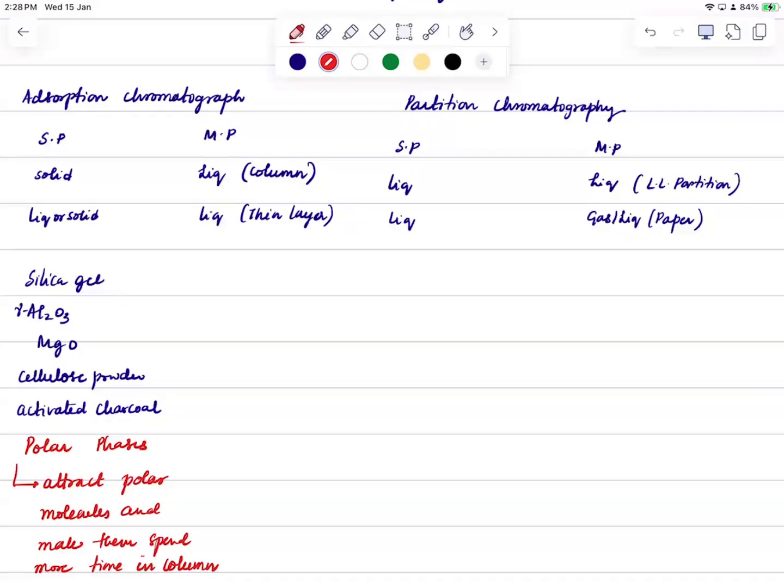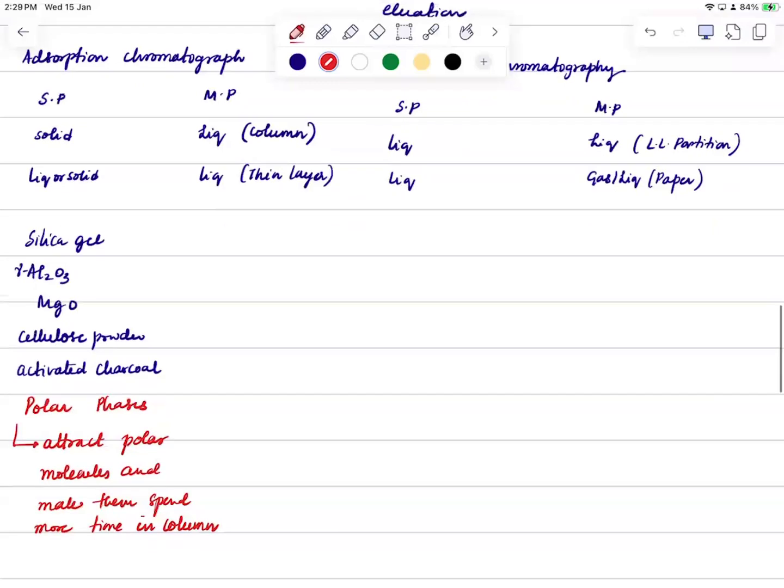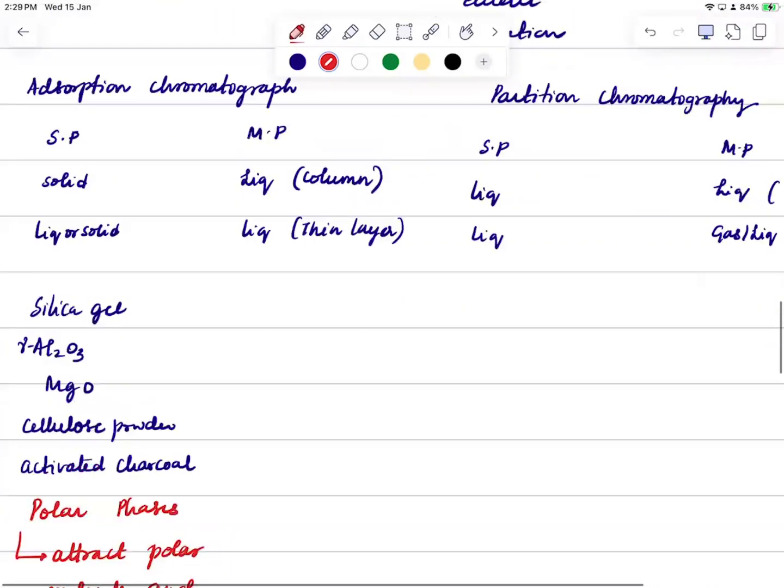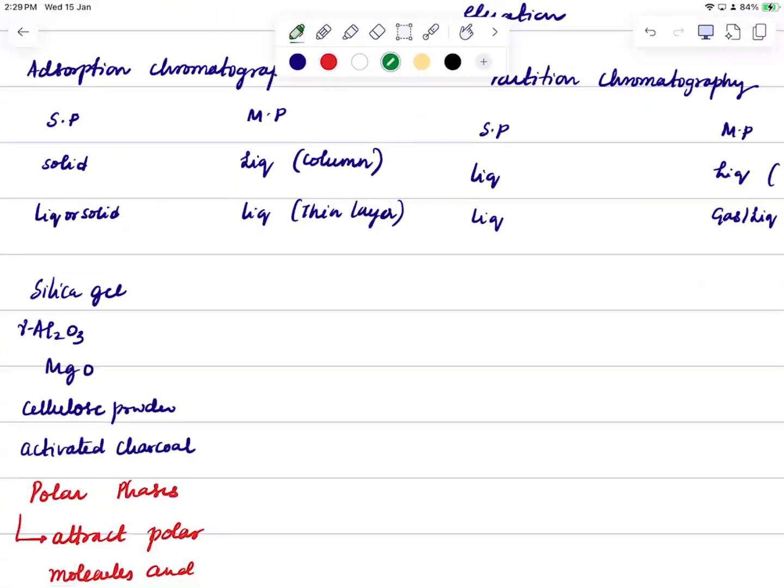Next, I have noticed mostly questions related to thin layer chromatography. Here again, in thin layer chromatography, the stationary phase which we are using is most of the time silica gel.